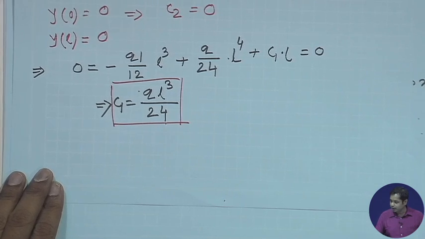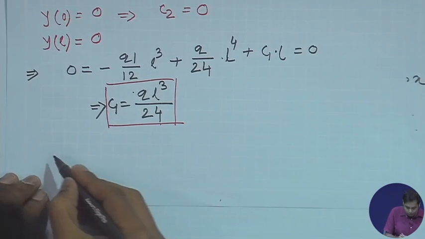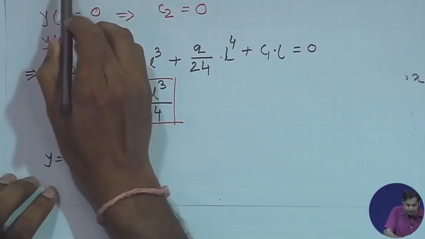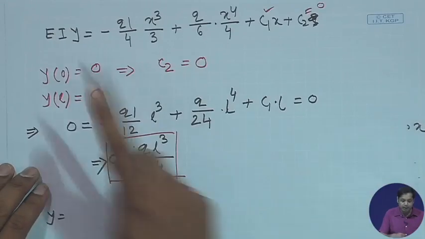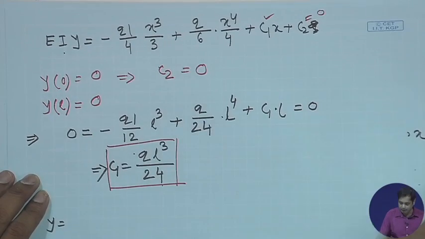If we substitute that, then we will get y equal to, let us take 1 by EI here.